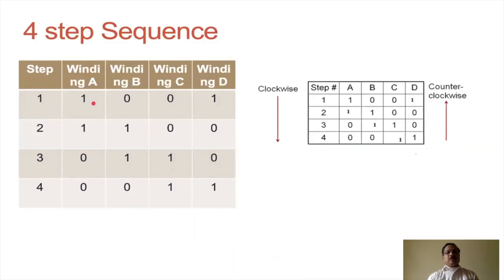You have to output 1001 for the 4 windings A, B, C, D, and then go through this step sequence one by one to rotate the motor in the clockwise direction. Here it is shown. If you want to rotate the motor in the anti-clockwise direction, you just have to reverse this sequence.